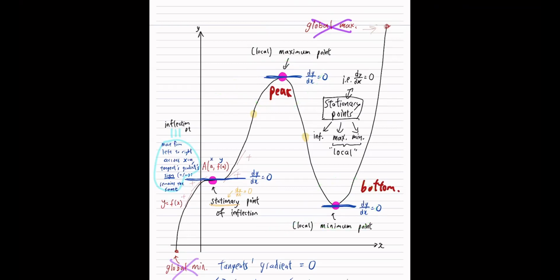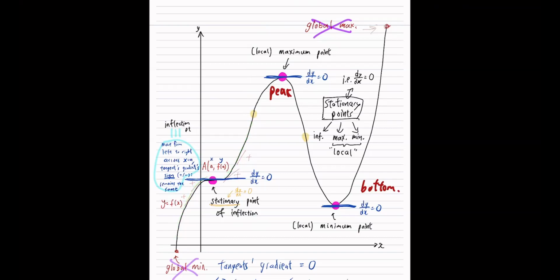One more thing is the stationary point of inflection. If you see the curve here, on the left half it looks like a sad face, right? On the right half it looks like a happy face. When you change from sad to happy or happy to sad, you change emotion. This is known as a point of inflection. In the special case of Amax, you only focus on the stationary point of inflection. It is a change in curvature, not change in emotion.